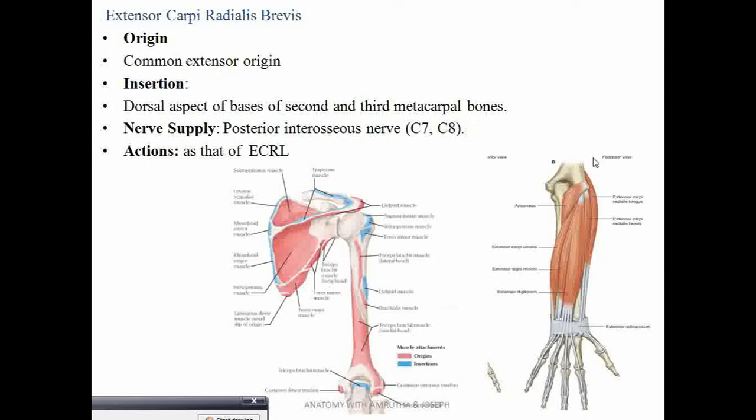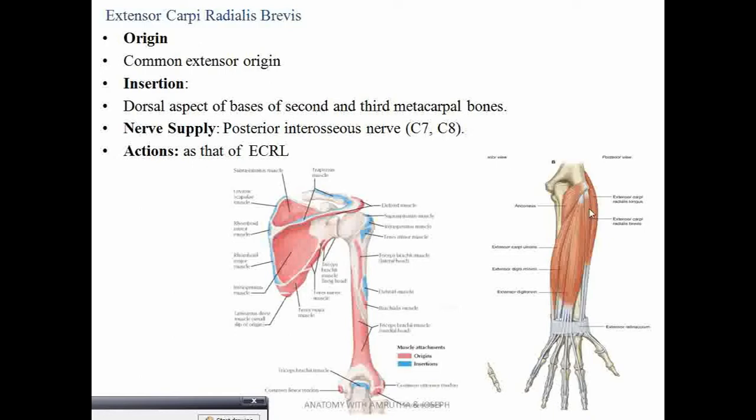Extensor carpi radialis brevis. Now, brevis means short. So this muscle is short compared to extensor carpi radialis longus, but both are similar muscles originating from the common extensor origin. The location of extensor carpi radialis brevis is just medial to and a little deep to extensor carpi radialis longus.